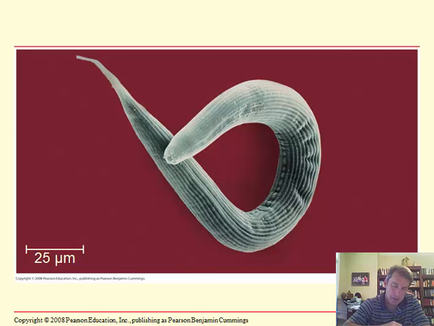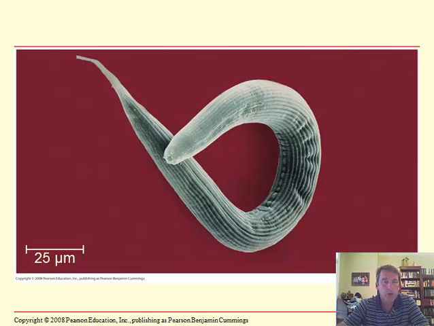They are very common. And they do have a digestive tract, a two-opening digestive tract, and they have no circulatory system, and they exhibit sexual reproduction. So that's some of the characteristics of the nematodes, roundworms.